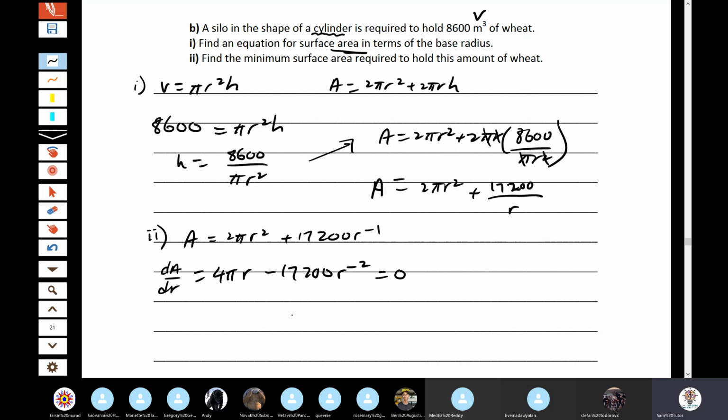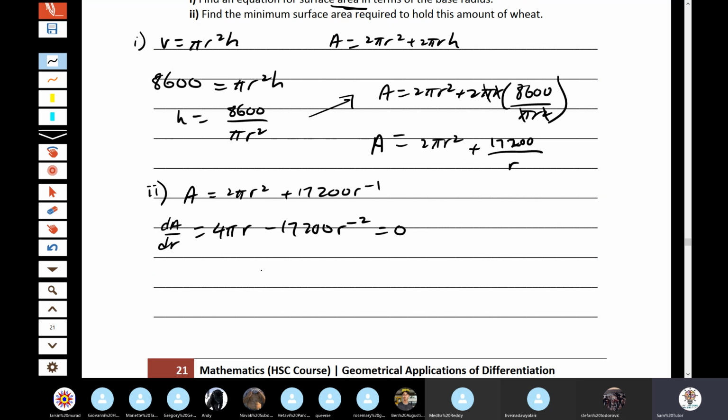When you make it equal to 0, yeah, solve for r. But what don't you like this time when you're solving? Yeah, I don't like that negative 2 this time. So what are you going to do now? Turn it back: 4 pi r minus 17,200 on r squared. Multiply everything by r squared. And I believe all of you should be able to get the next line in one step.